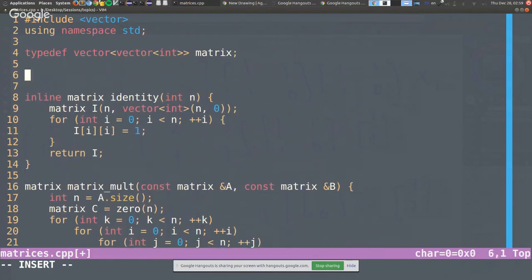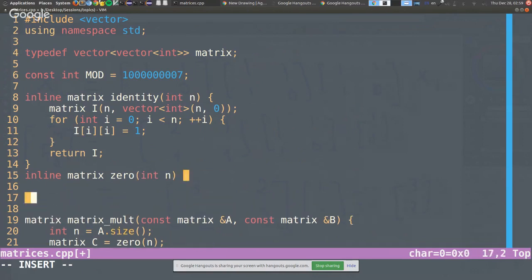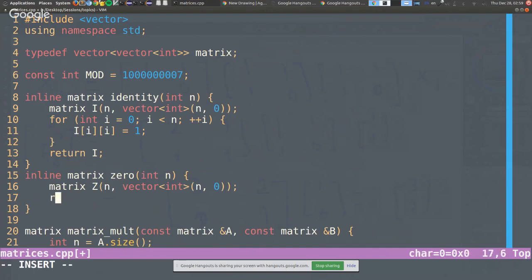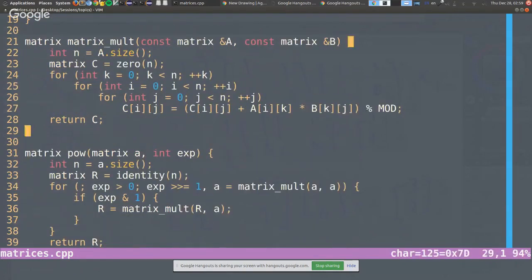Here I will make this mod. It's a global constant, and here finally I'll have this is the matrix. This is the matrix multiplication. I'll not explain it, so you can just find the definition.